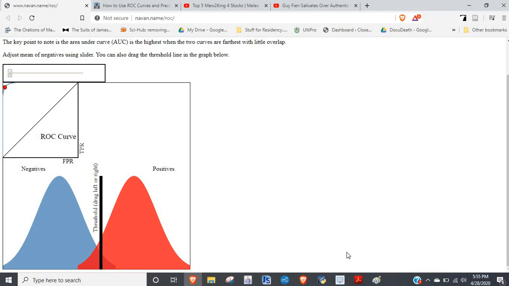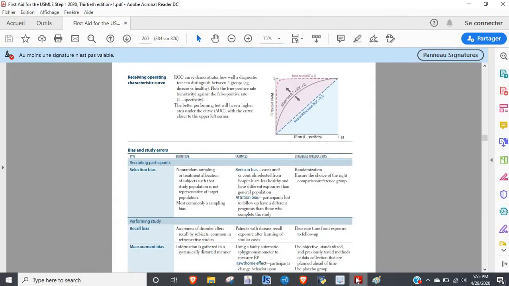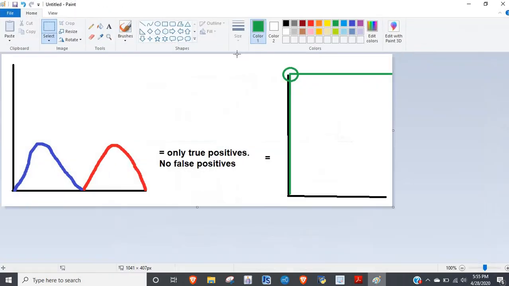And so the idea is that you would actually need a maxed out graph looking like this, where you have no overlap. All right, and that's where you'd be able to be at this point right here, where you are 100% sensitive, and you have no false positives.